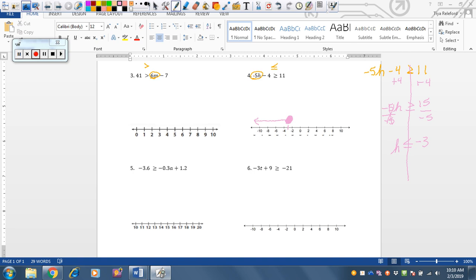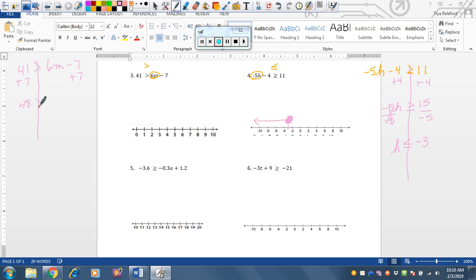If we do number 3, I add 7 to both sides, and then divide by 6.